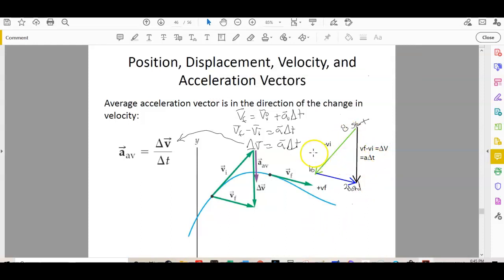So what we had to do is identify the initial velocity vector, which is a positive initial velocity vector, and this is the positive final velocity vector.